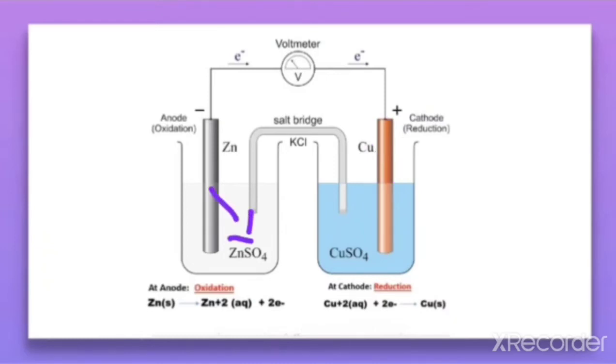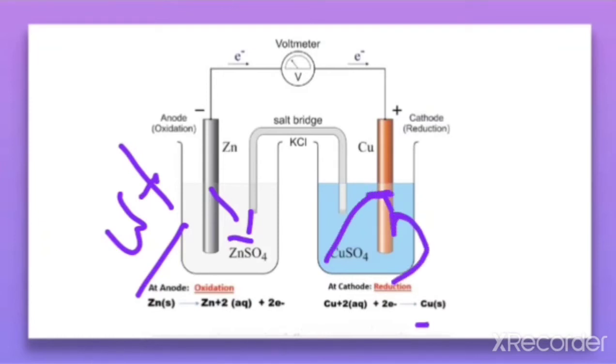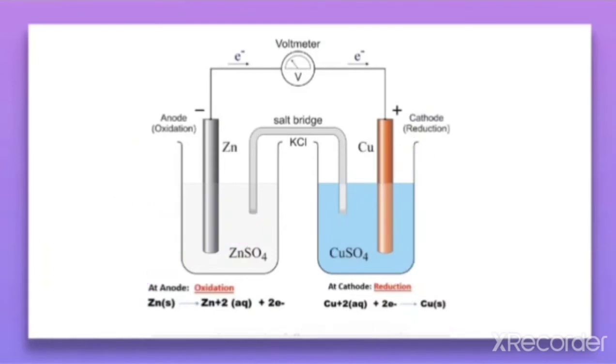So here what happens when this process continues, the zinc electrode loses weight, and because there is a formation and deposition of copper on this electrode, its weight increases. So the zinc rod loses weight, but the copper rod gains weight.